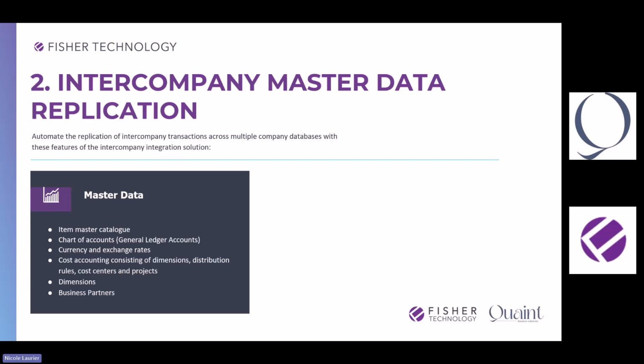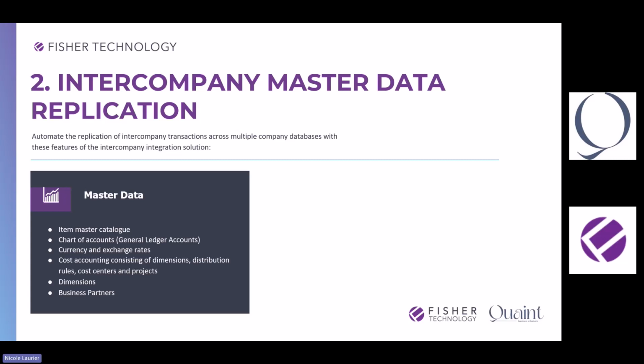Then, of course, the other master data that we work with is the chart of accounts. And key, if you're working outside of, say, the USA, is that you can manage things like currency and exchange rates. The other master data that we take into consideration for this solution is cost accounting, and that can be when you've got dimensions, distribution rules, cost centers, projects, anything like that can be managed.